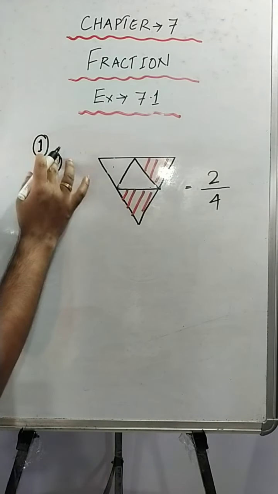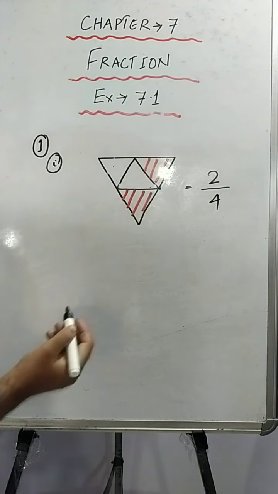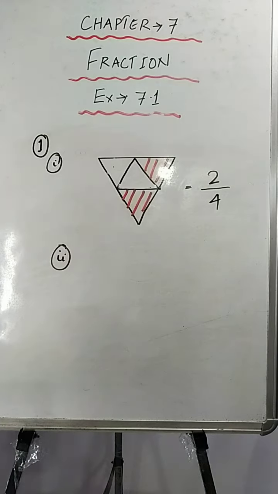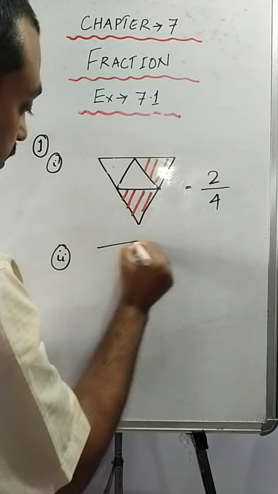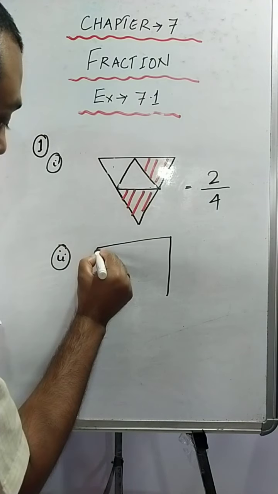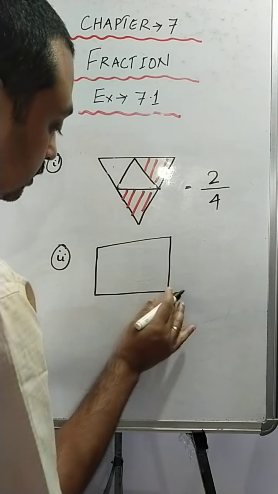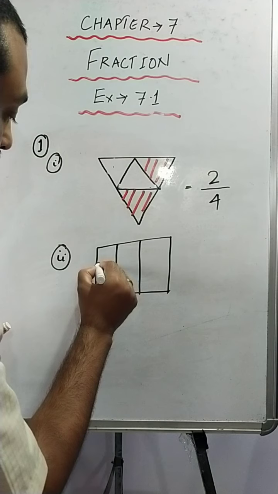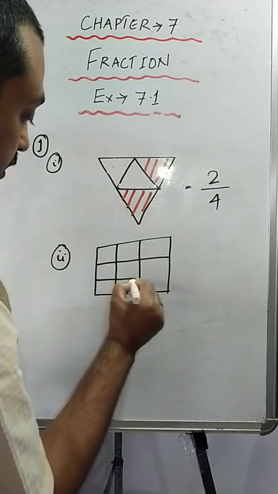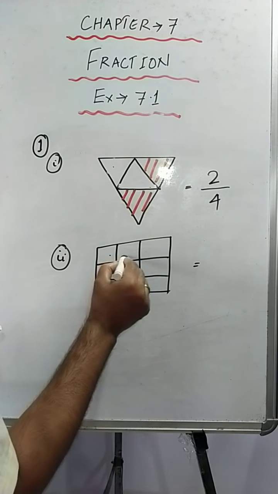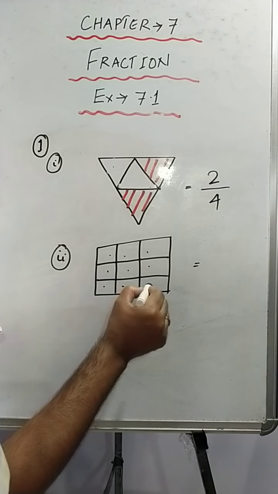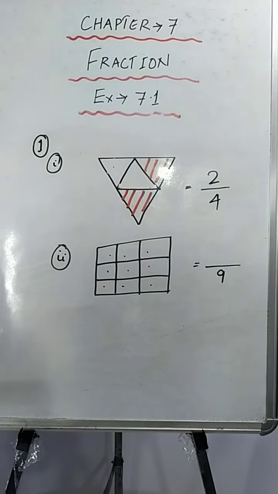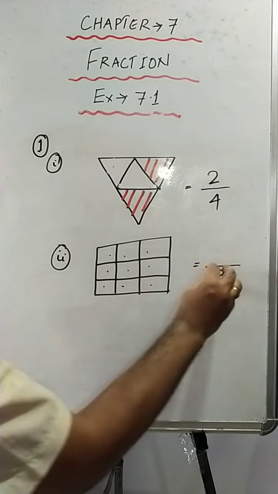Similarly, we will do all the rest of the figures also. Now let me do number 2 also for all of you. This is very, very easy, and I believe everyone can do this. See, this entire figure has been divided into how many parts? This is the first thing you have to count. 1, 2, 3, 4, 5, 6, 7, 8 and 9. Where do you write 9? Yes, in place of the denominator, as this is the total number of divisions.